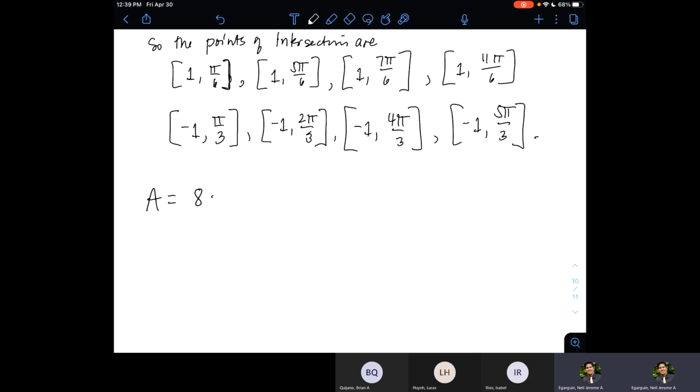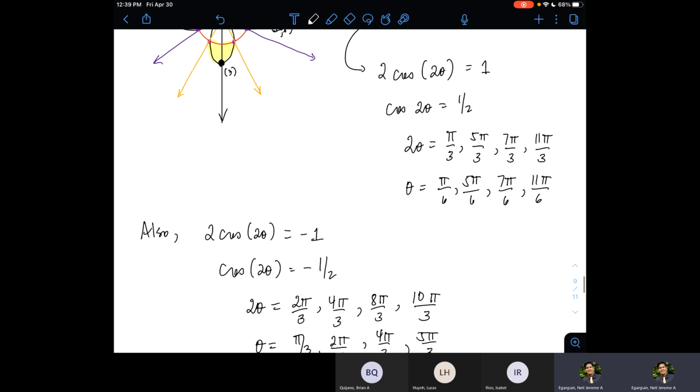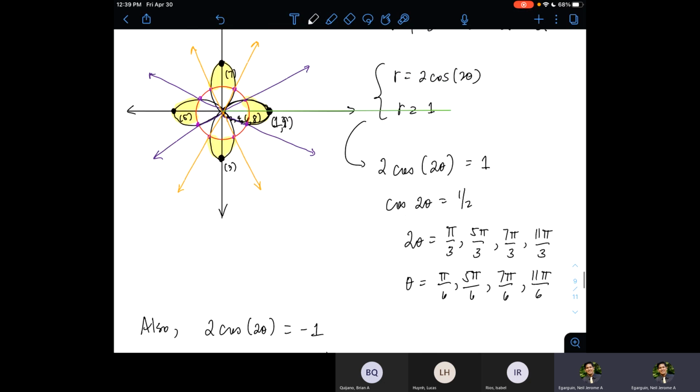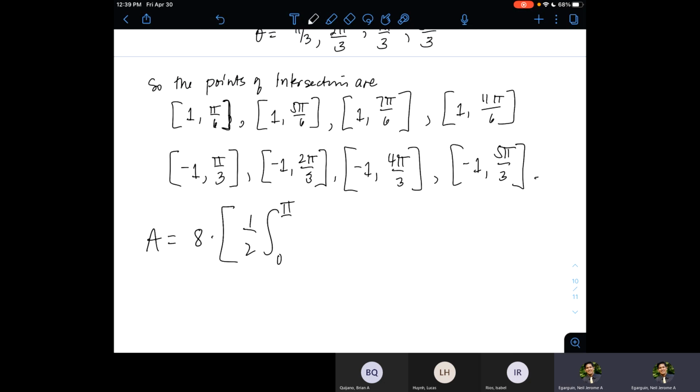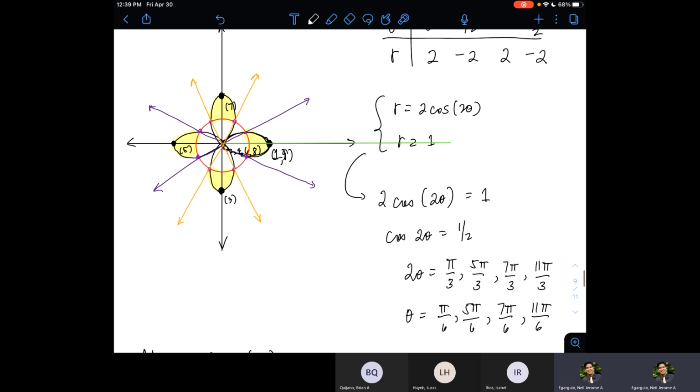will be 8 times the area of one of those regions. This would be from 0 until the first point of intersection, which is pi over 6. And then it's outer radius squared minus inner radius squared. So again, let's go back to our testing ray here.